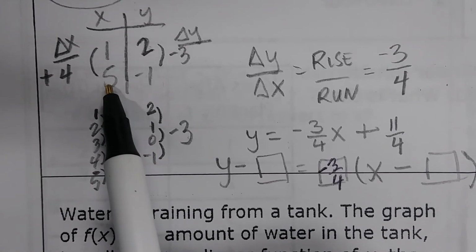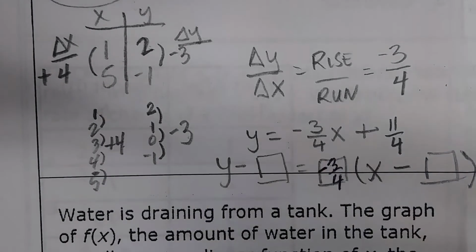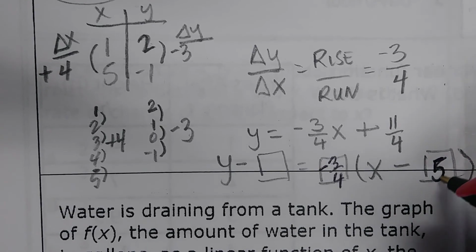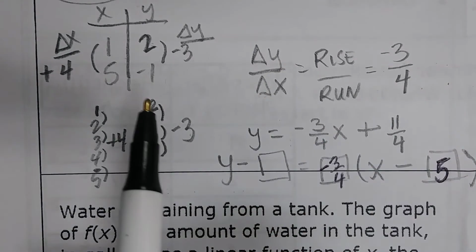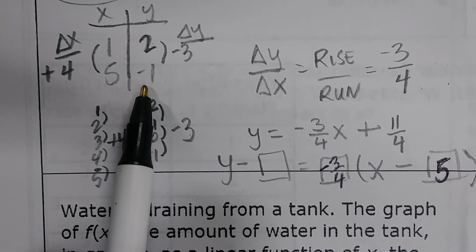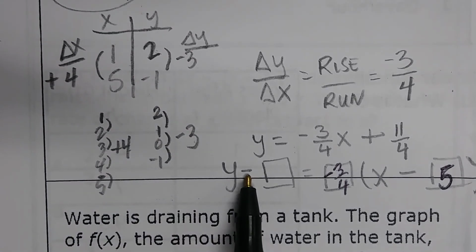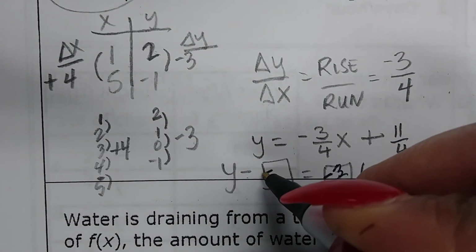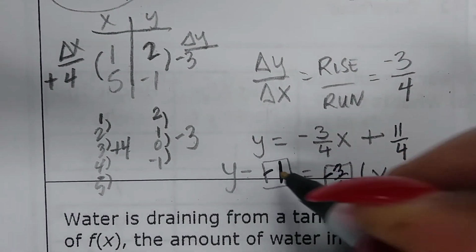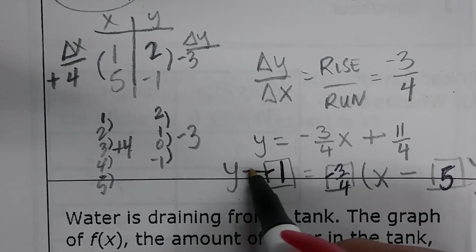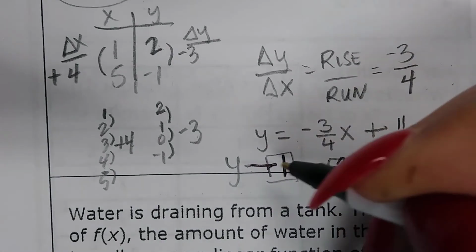Okay, 5 is the next value, so he wants to sit inside the parentheses with his friend. Now, the y value, -1, be careful. They did not do you a favor and put the negative for you. You have to actually write it. And when you do, this minus becomes a plus sign.